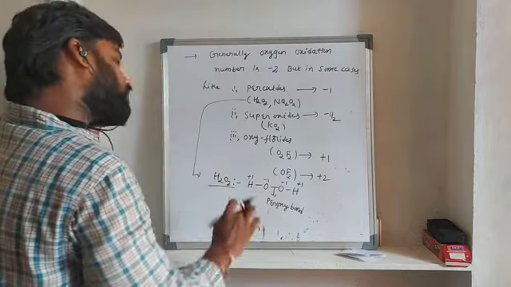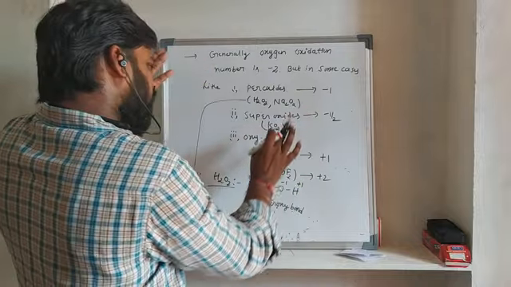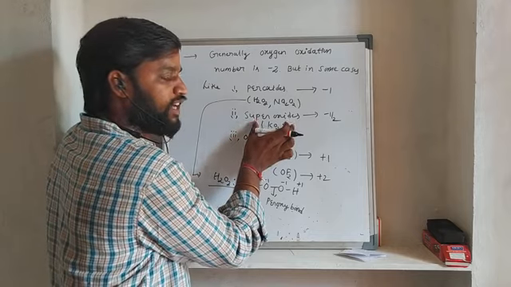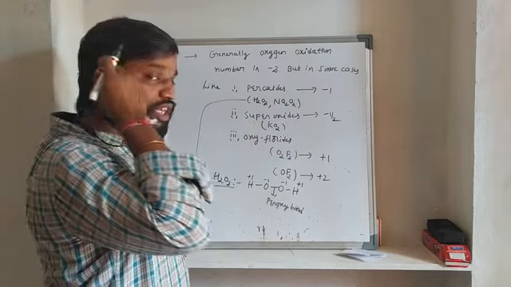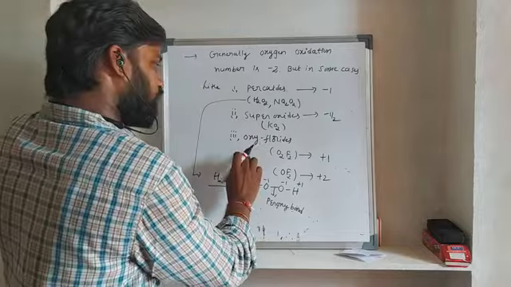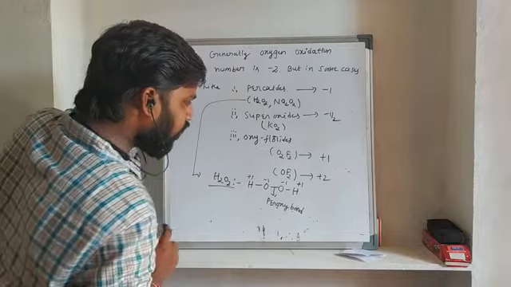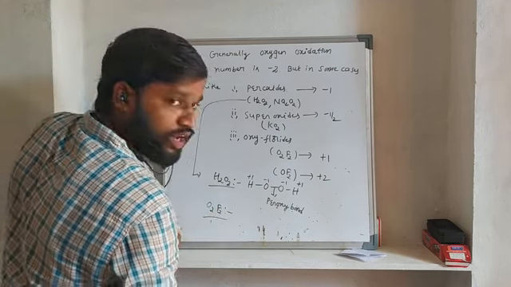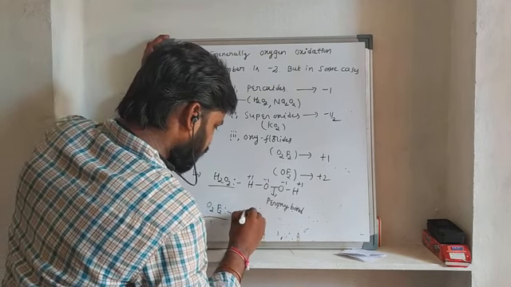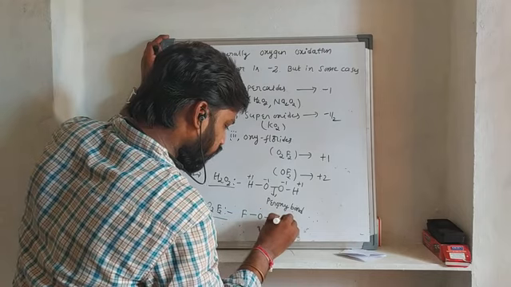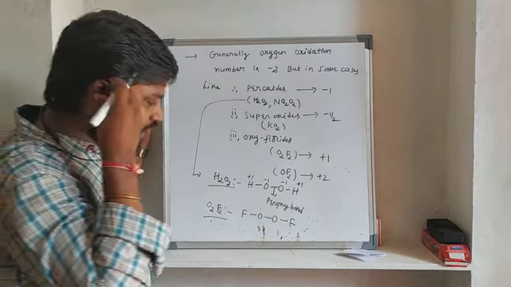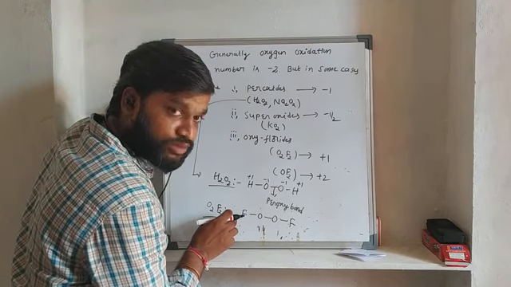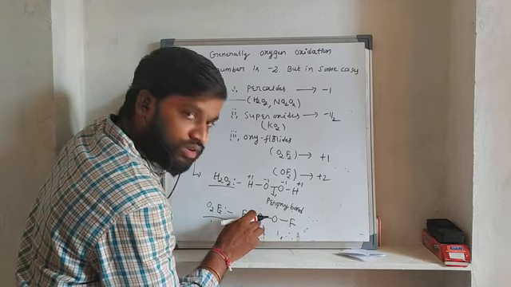And the next one, superoxide, KO2 also. In KO2, the oxidation state of oxygen in the superoxide is explained based on the KO2 structure. And similarly oxyfluorides. O2F2 means F-O-O-F. Here fluorine is the more electronegative element compared to oxygen.